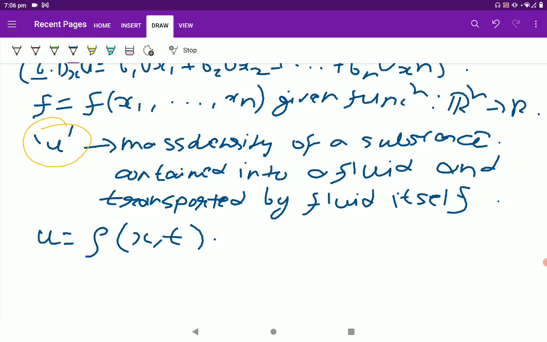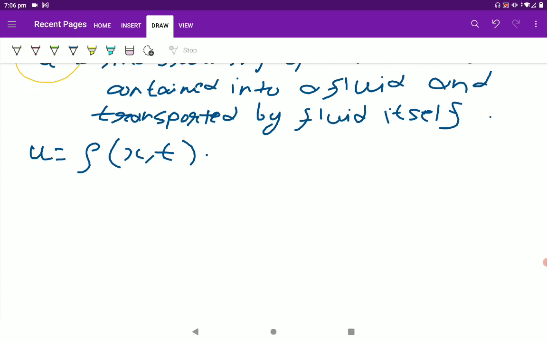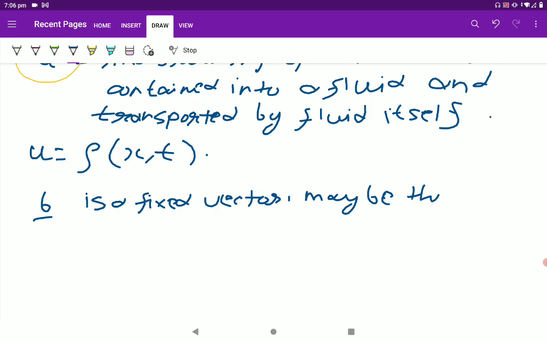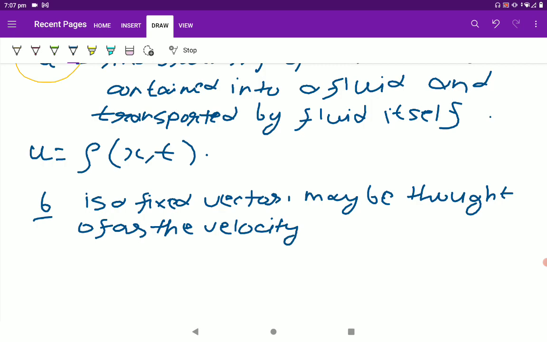Now let's talk about the vector b. Here b is a fixed vector. It can be thought of as the velocity of a fluid, which is constant in time.